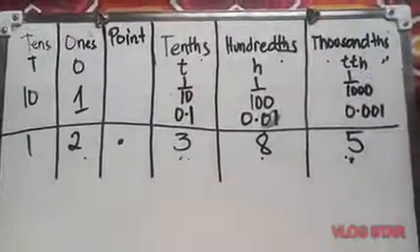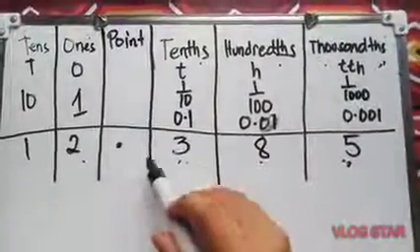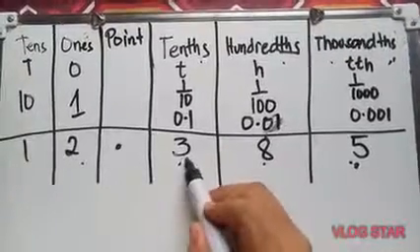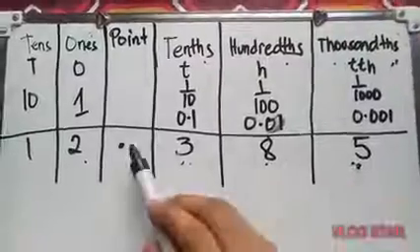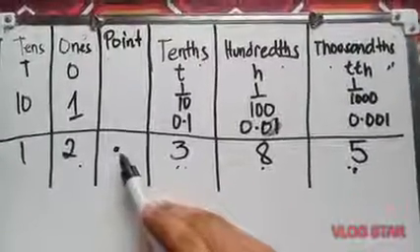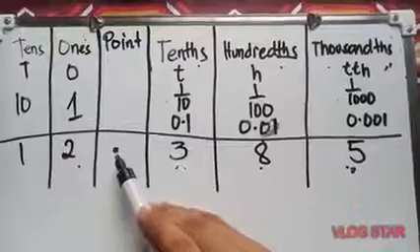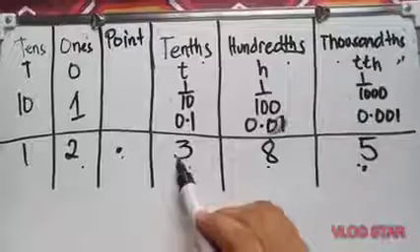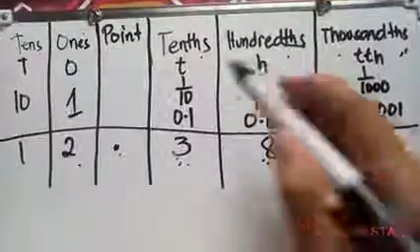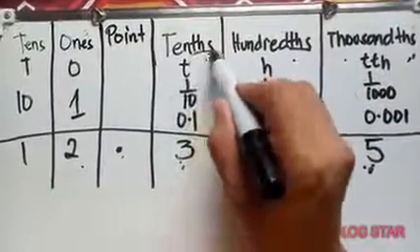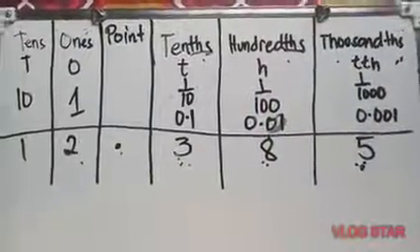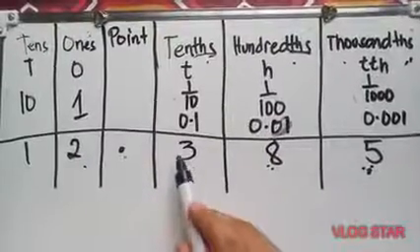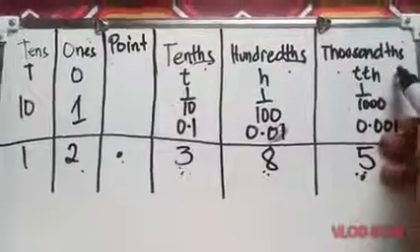So in reading decimals, the place value of decimal points starts with tenths, hundredths, thousandths. Remember that we start from left to right, after the point. Mind you, we add TH. So if we read this one, 12 and 385 thousandths.